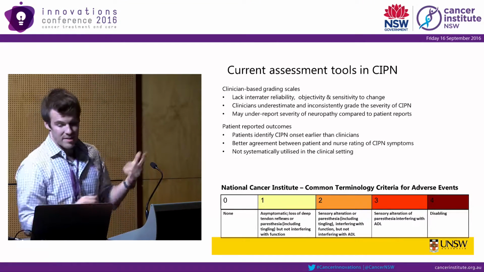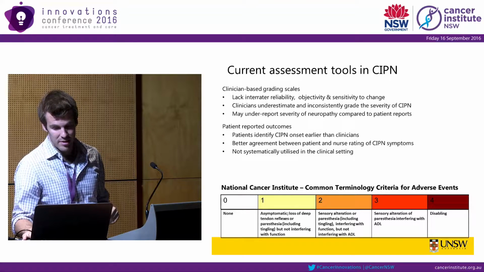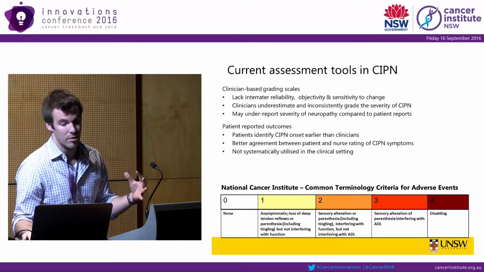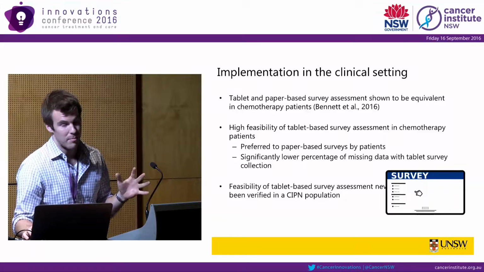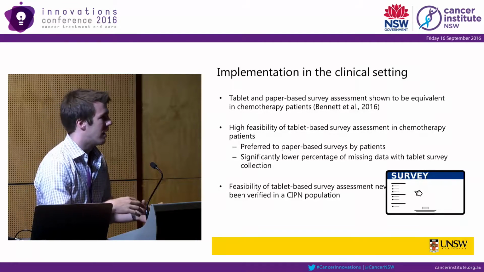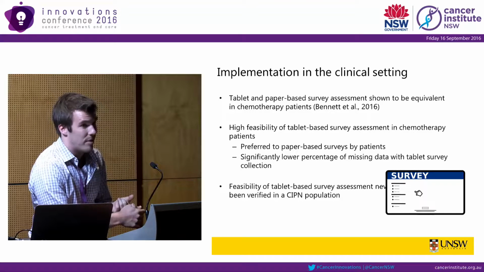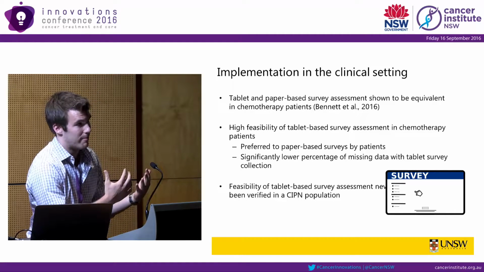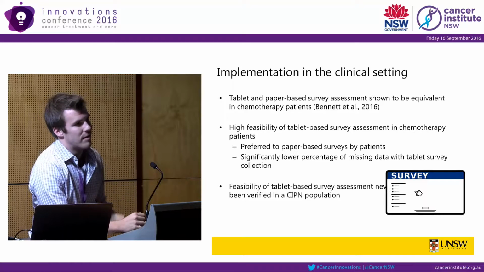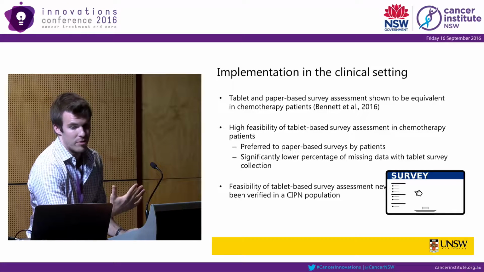As I mentioned, they're not systematically used in the clinical setting due to barriers to efficient integration. One means of overcoming this barrier has been using electronic tablets as a delivery method for patient-reported outcome surveys.